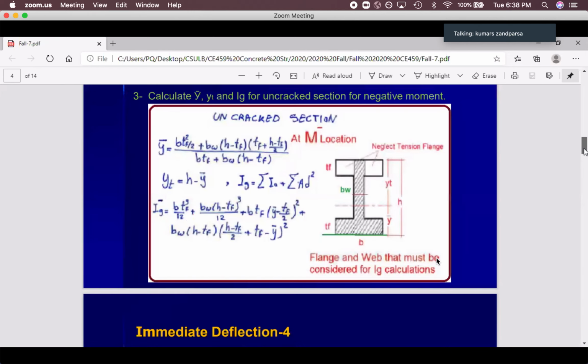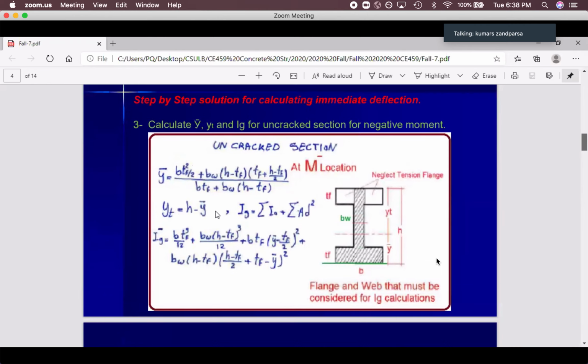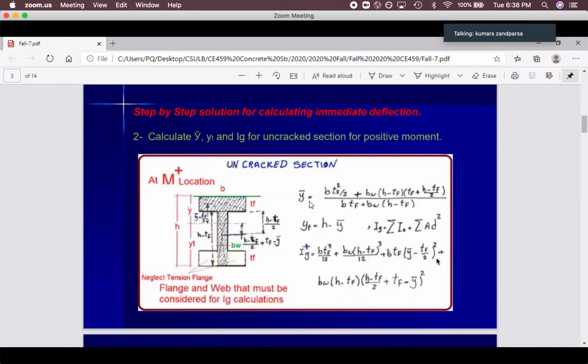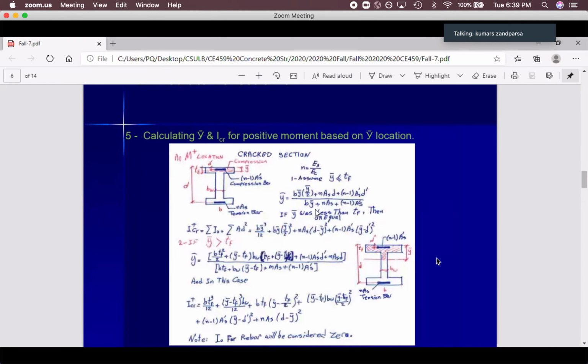Do you know what I mean? You can just use this y bar equation for the uncracked section, and then when you go to the cracked section, you have to recalculate y bar. That's another y bar. You have to go to this one.